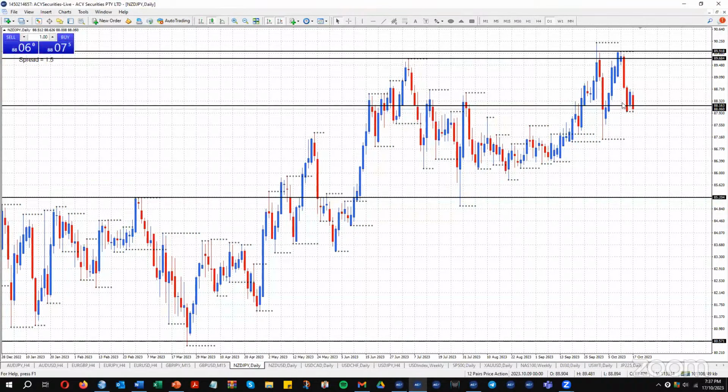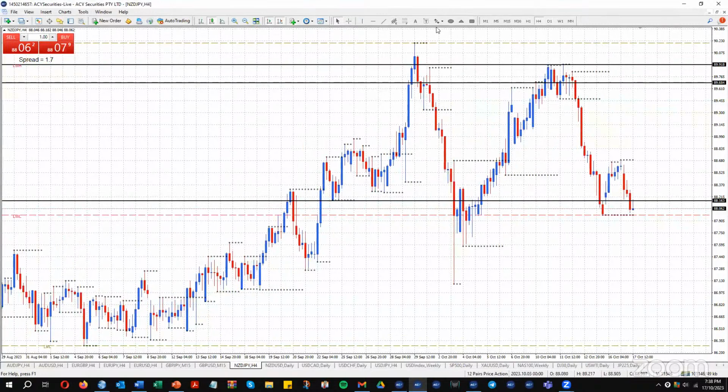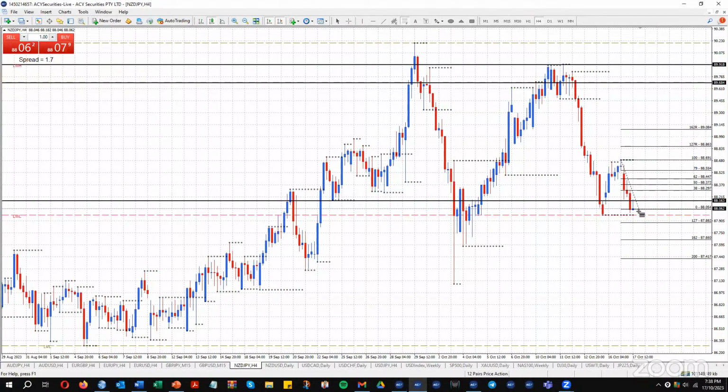At the moment for this pair, I'm wanting to see if it's going to commit below this level of support. It'd be nice to see it have a very good close below today. Then you can look at 88.16 to be resistance intraday tomorrow. Just want to look at the 4-hour chart. If we could have a nice break, I'm going to draw a fib in here.